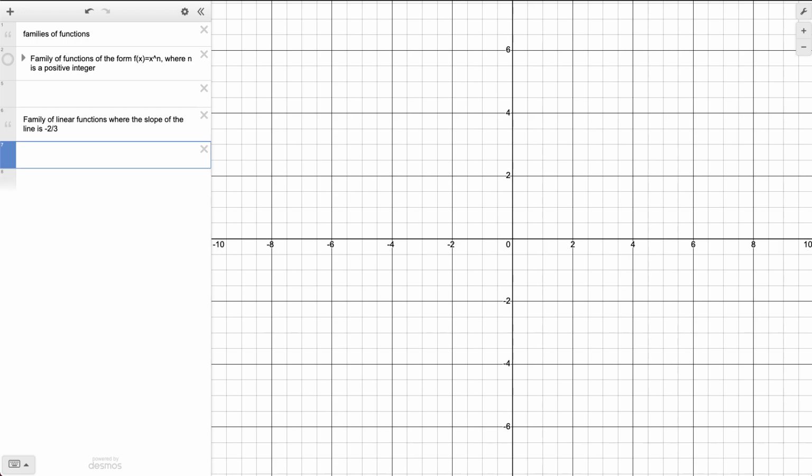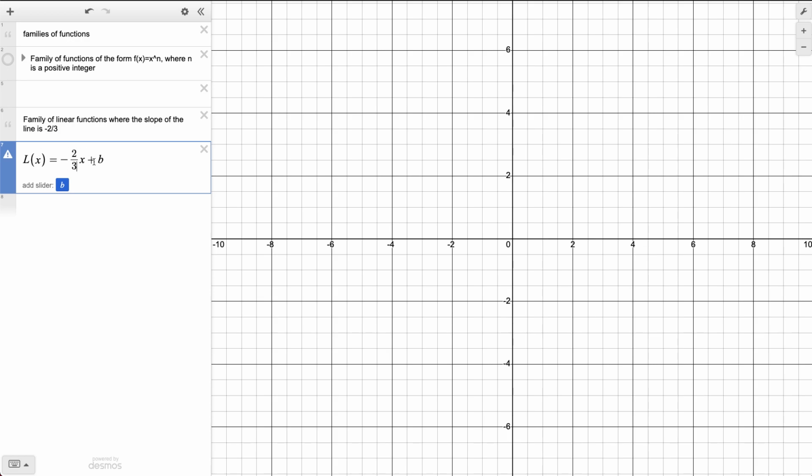Okay. So I know that linear functions look like L of x equals ax plus b, right? And a is the slope, so I'm going to put in -2/3 as the slope, and then I have a b.